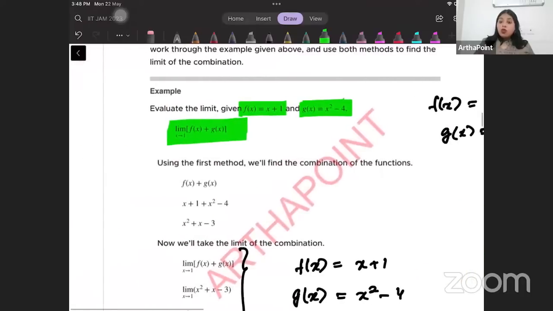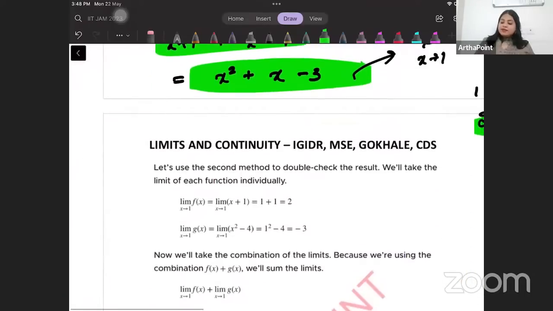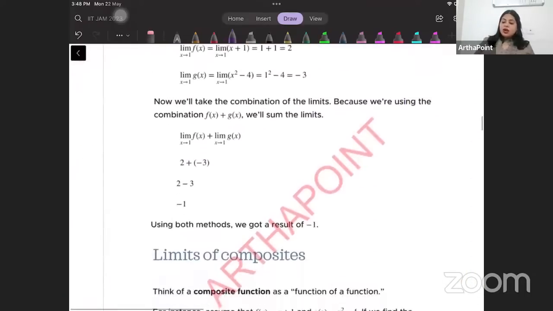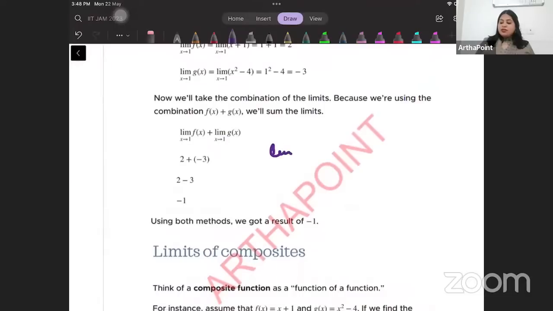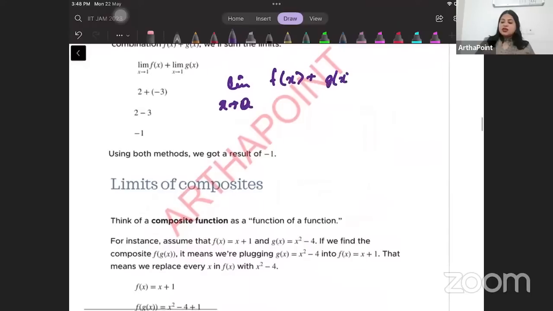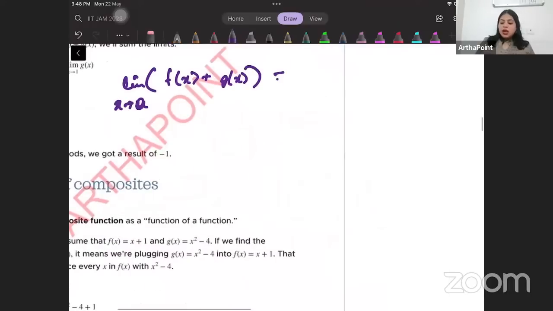So we have proved beta that the two are equal. We have proved that limit x tends to a, f(x) plus g(x) is equal to limit x tends to a, f(x) plus limit x tends to a, g(x).